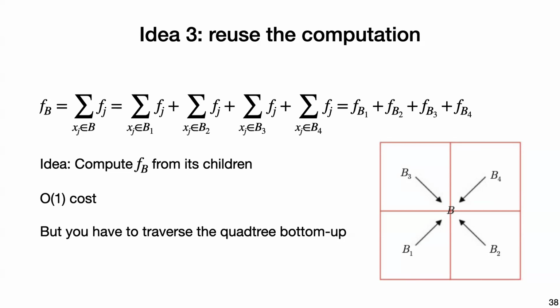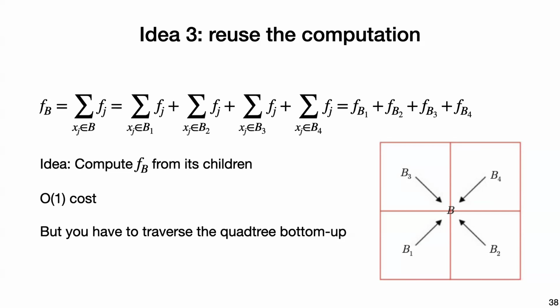If you already have these, then it takes constant time to compute them. It takes order n time to compute f sub b at all the leaves, and then order n time to pass it up the tree. You do have to traverse the quad tree bottom up for this one.